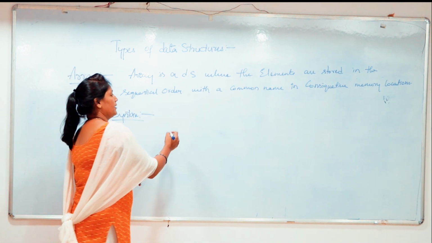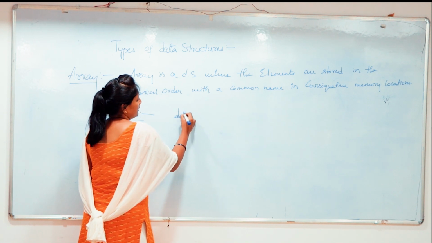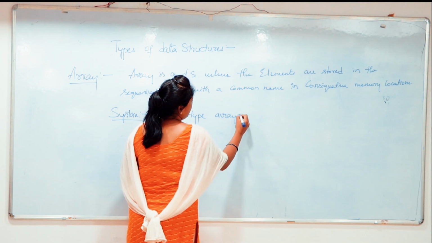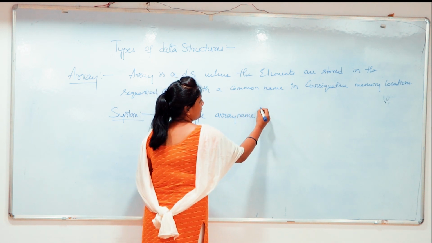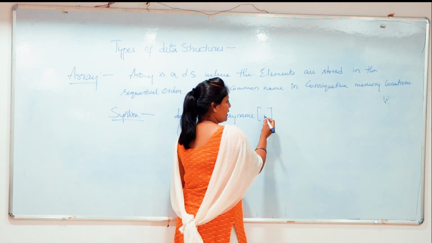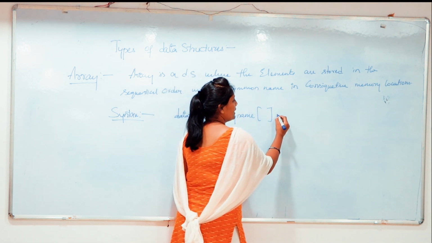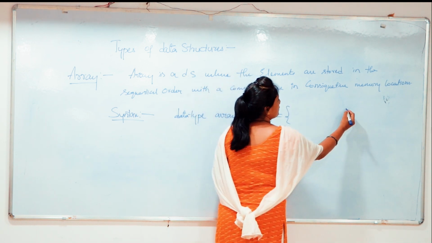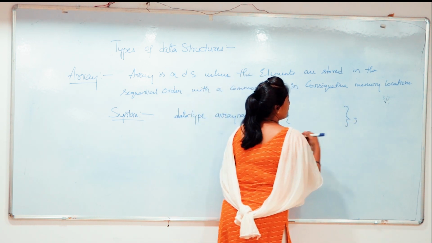Syntax of an array: data type, array name, and square brackets which represent an array, where we will write the size of the array, and that is equalized to flower braces with a semicolon.